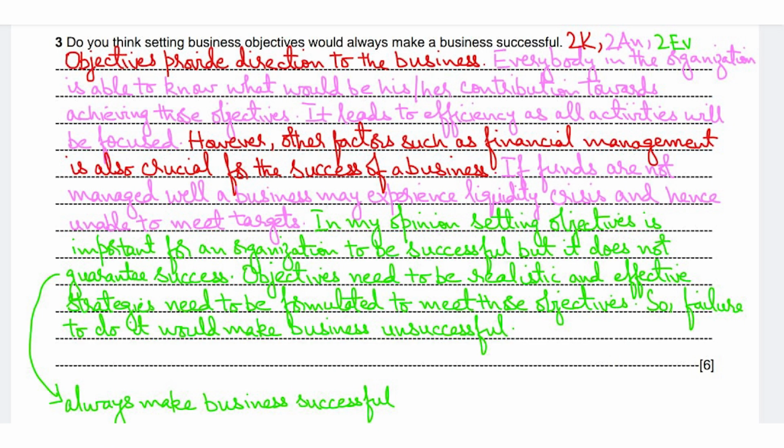Okay, so we are done with it. So when I show the knowledge, I explain how it would have an impact on the business. This is analysis, right? And during my analysis, I have to show application somewhere as well, which has to be relevant. Okay. Last question is, do you think setting business objectives would always make a business successful?